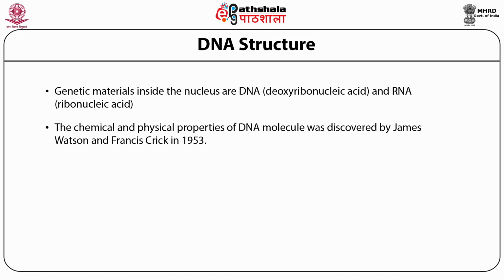The exact physical and chemical properties of DNA molecules were successfully discovered by two young scientists, James Watson and Crick, in 1953. Watson and Crick developed their model of DNA based on some properties of DNA which had already been established by other scientists.